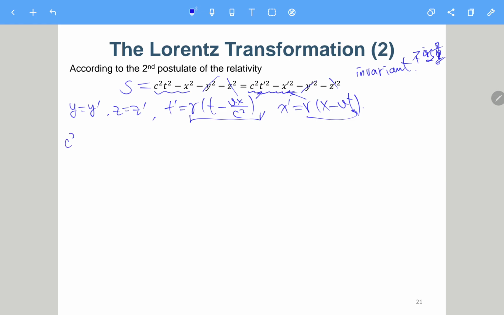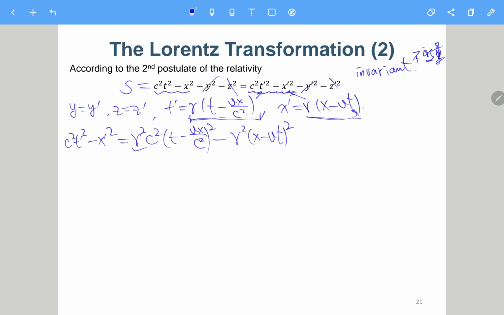So we have c squared t prime squared minus x prime squared. Now we have gamma squared c squared times t minus vx over c squared, quantity squared. And then the second term will be gamma squared times x minus vt, quantity squared.